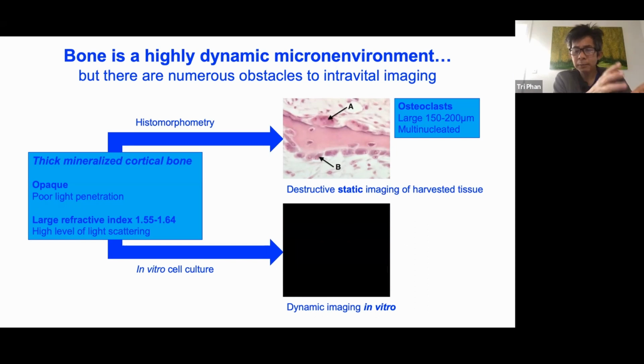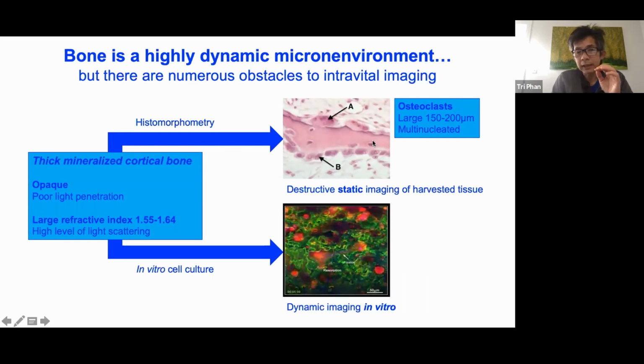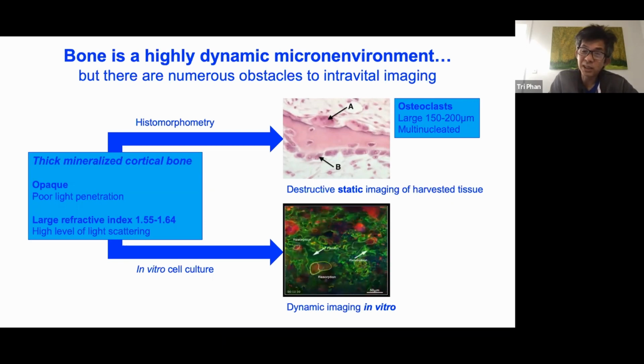So you can get imaging of osteoclasts, but it has largely been in vitro. The other thing I should mention about osteoclasts is that they're multinucleated, and at least on static images, they're big round cells of about 150 to 200 microns in diameter. So they're really large cells.